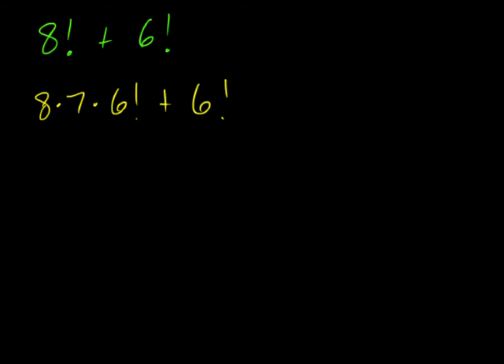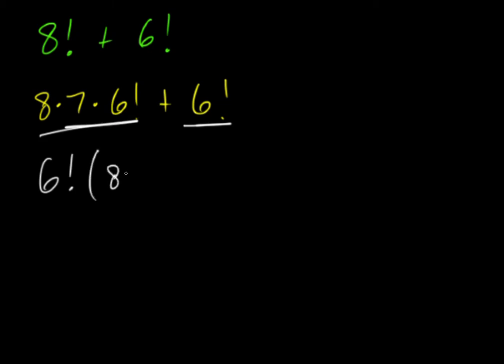Okay, write as a product by factorizing. So we have 8 factorial plus 6 factorial. What we're going to do is write this as 8 times 7 times 6 factorial plus 6 factorial. So this and this both have a 6 factorial in common.